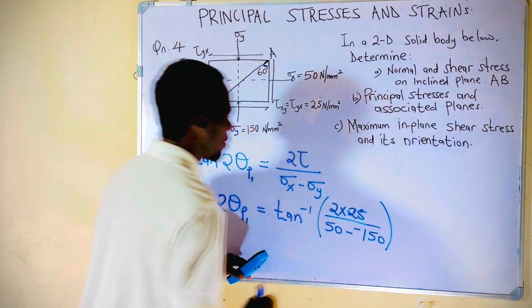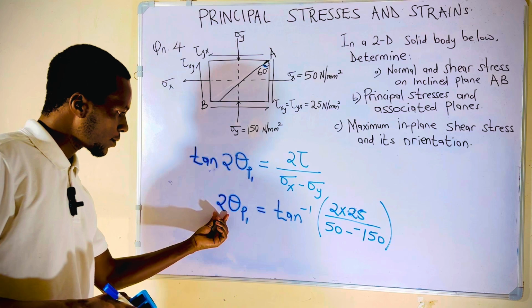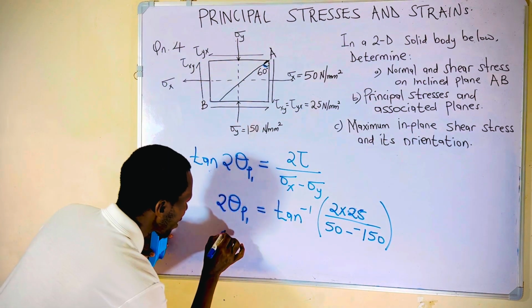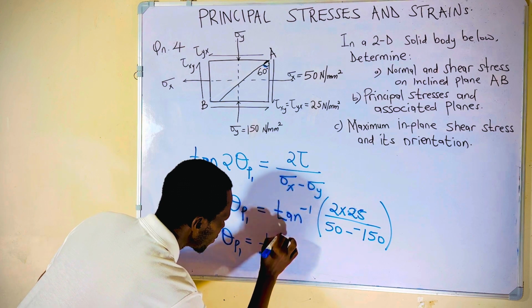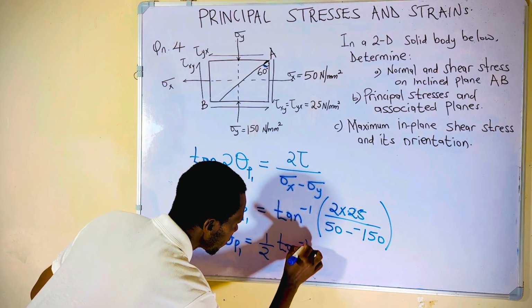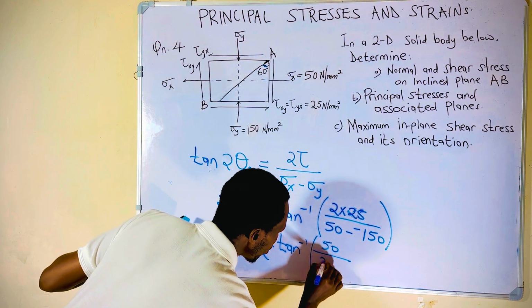So you realize that I can also take this 2 this side. Then I will get theta P1 here, half tan inverse of 50 out of 200.